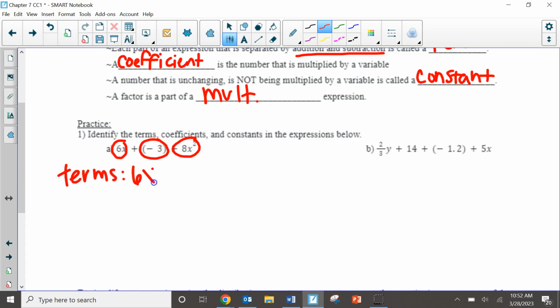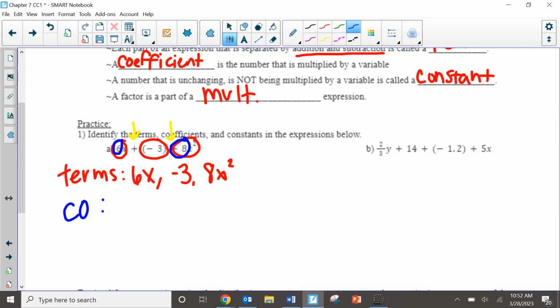We have a 6x, we have a -3, and we have a positive 8x squared. So the terms are separated by either plus or minus signs. So they are what builds your expression. The coefficients, okay, remember those are what are being multiplied by the variable.